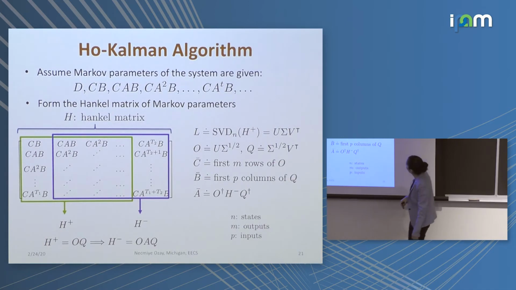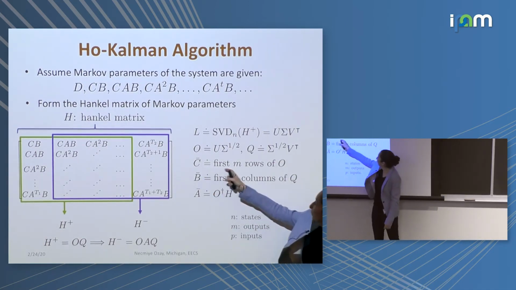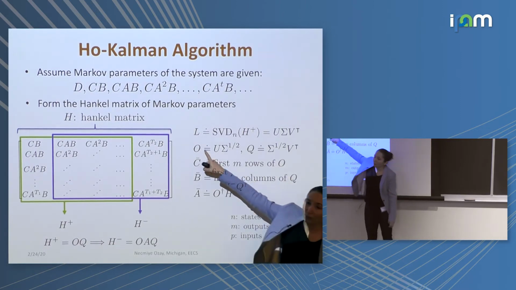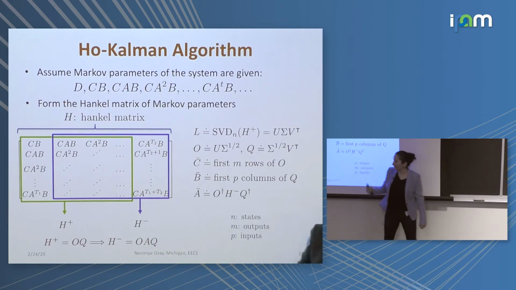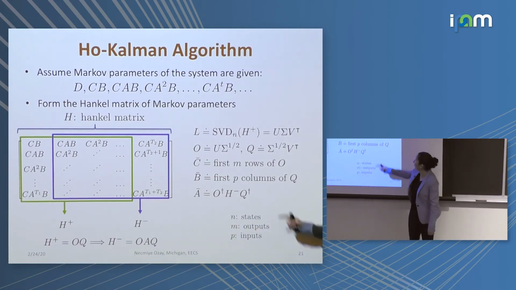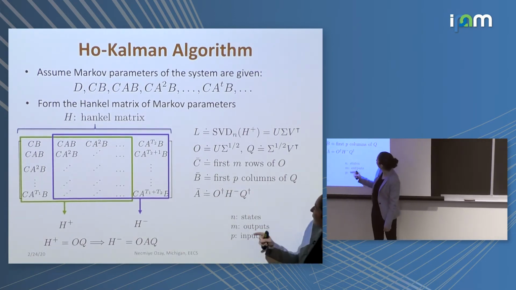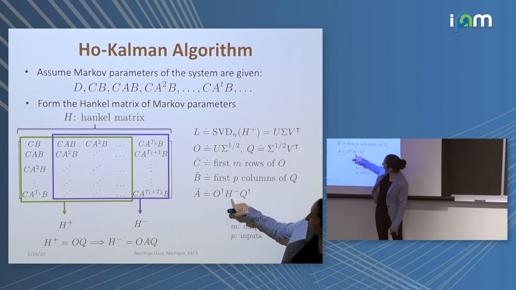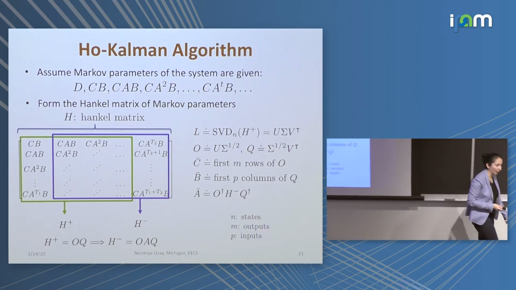You set your controllability matrix to this. Then the first m rows of your observability matrix, remember, it starts with C, you take as your C bar. The first p columns of Q become your B bar. Once you have these O's and Q's, since you have H minus as well, you can solve for your A bar.